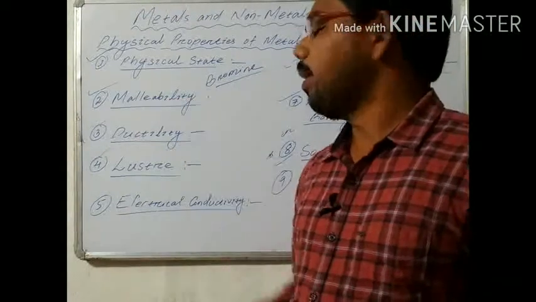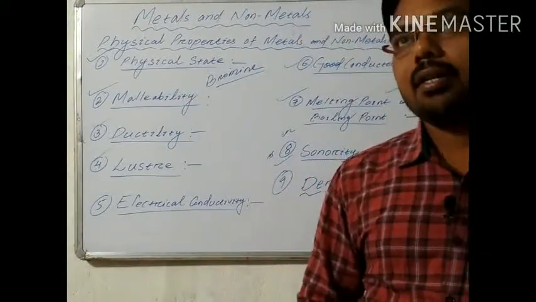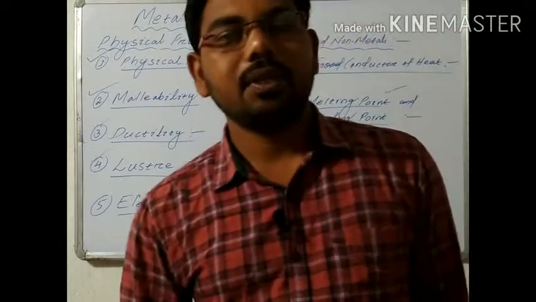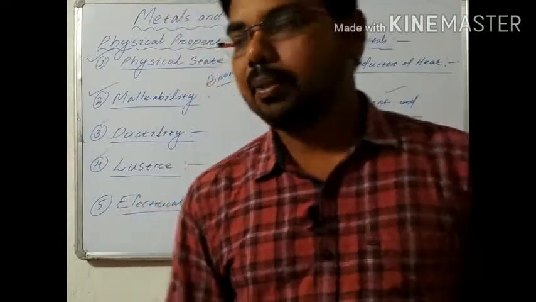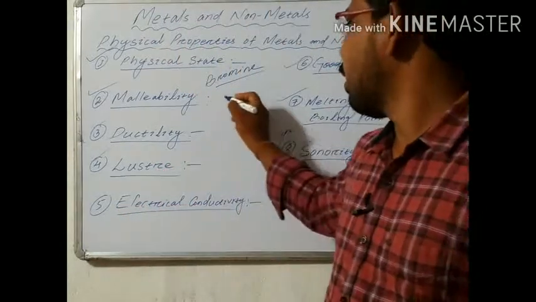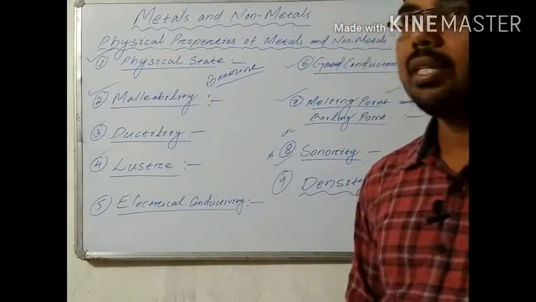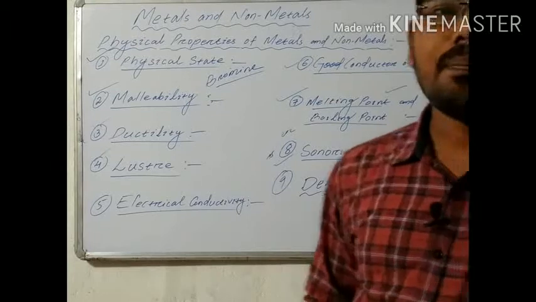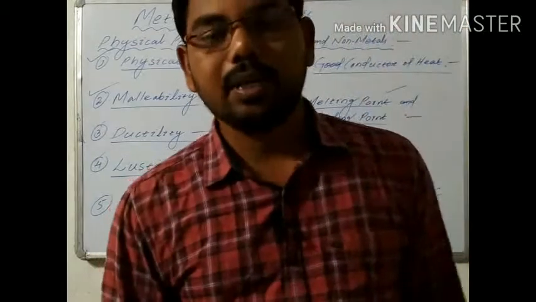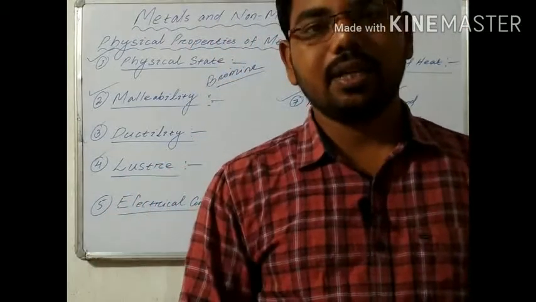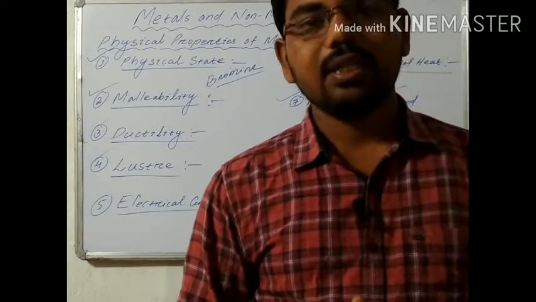And next is malleability. Non-metals mainly do not have the property of malleability, because they cannot be changed into thin sheets. For example, plastic is a non-metal. If we hammer it, it cannot change into a thin sheet.